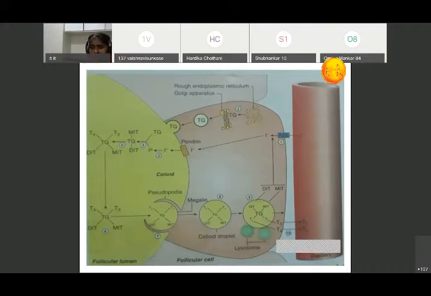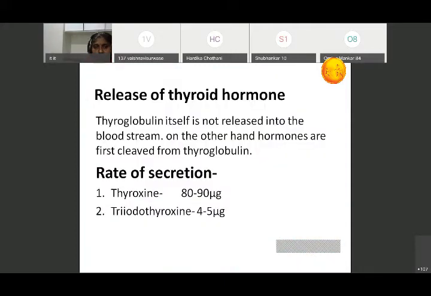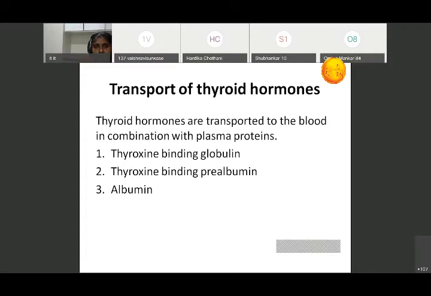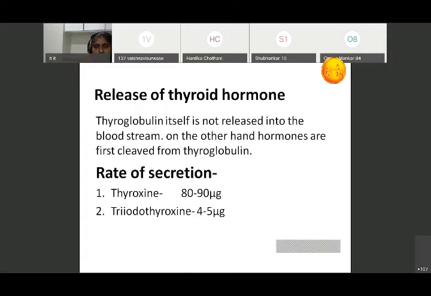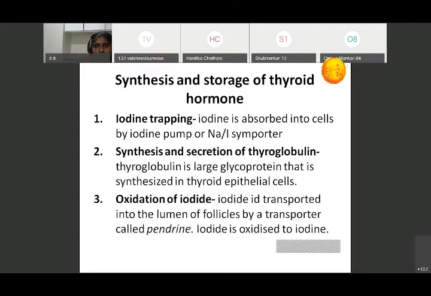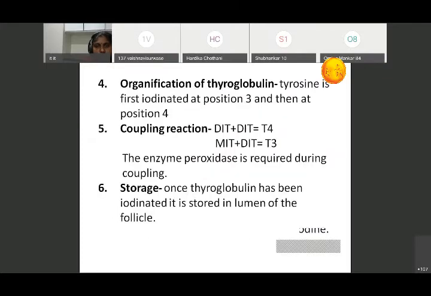Again, briefly we will repeat the stages. One is iodine trapping. Second is synthesis and secretion of thyroglobulin. Third is oxidation of iodide. Fourth is organification of thyroglobulin.